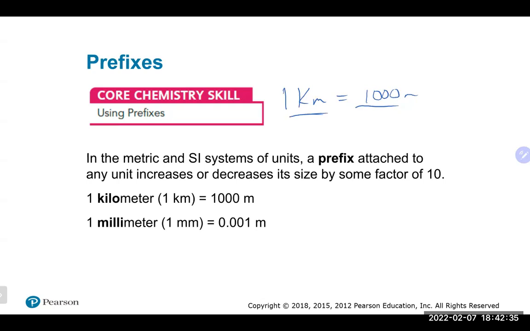As we'll talk about later in this chapter, from any equality you can write 2 conversion factors. You could say 1 kilometer over 1,000 meters, or you can make it a fraction of 1,000 meters over 1 kilometer.